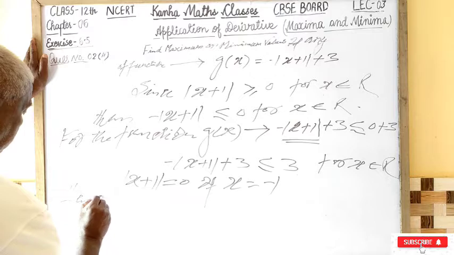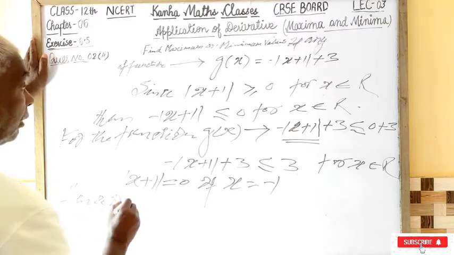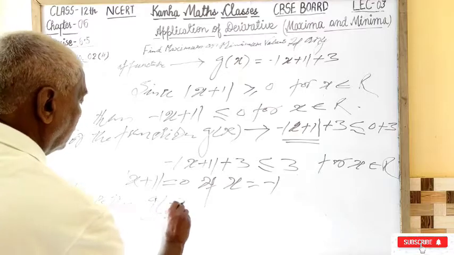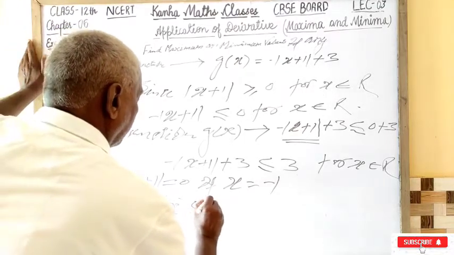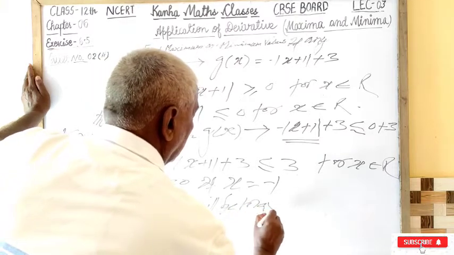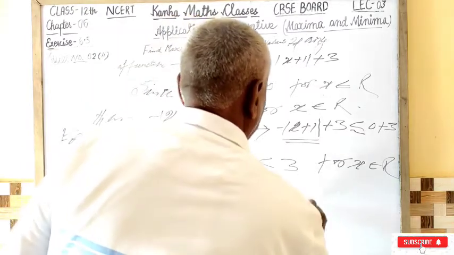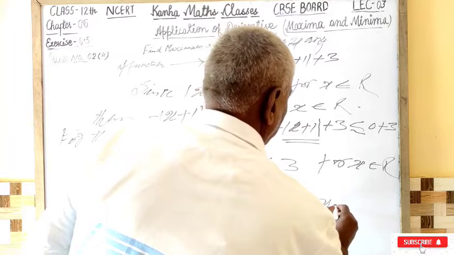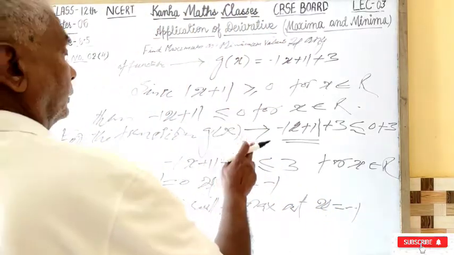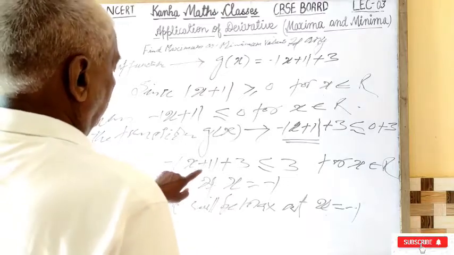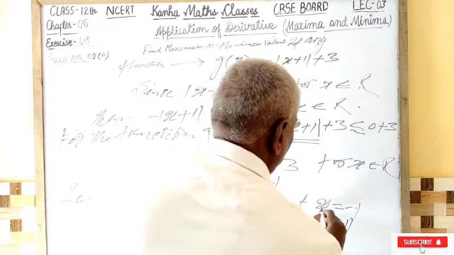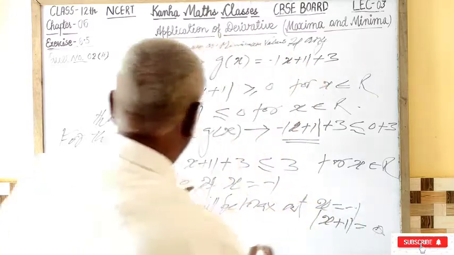Hence, g(x) will be max at x is equal to minus 1, and for this purpose mod of x plus 1 will be equal to 0.